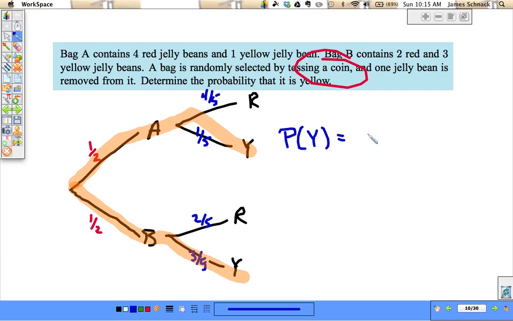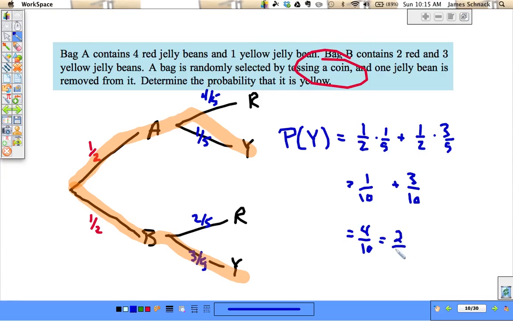So what we have to do here is we have to take 1/2 times 1/5 plus the other branch, 1/2 times 3/5. 1/10 plus 3/10, 4/10, which is 2/5 of the time we'll get one of those tasty yellow jelly beans.